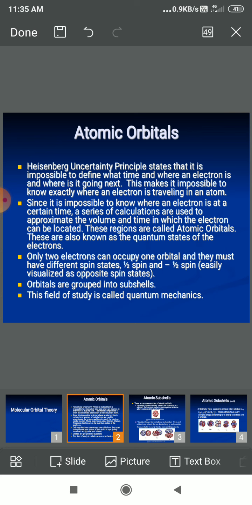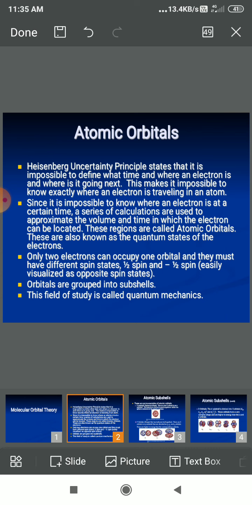Since it is impossible to know where an electron is at a certain time, a series of calculations are used to approximate the volume and time in which the electron can be located. These regions are called atomic orbitals.